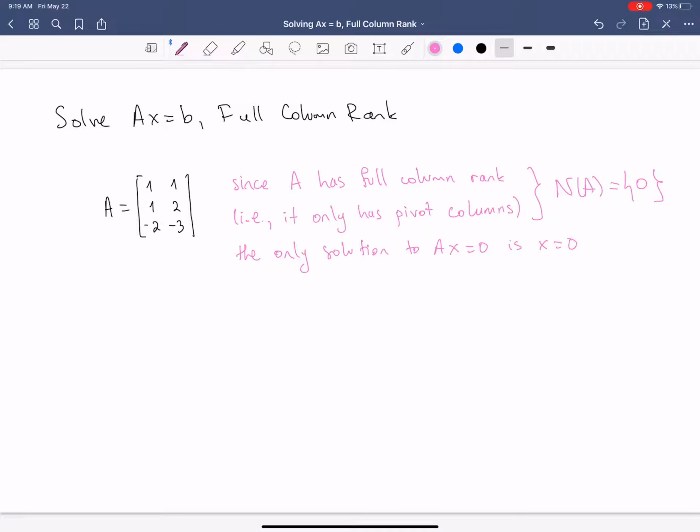And that's what it means to have the null space only be 0.